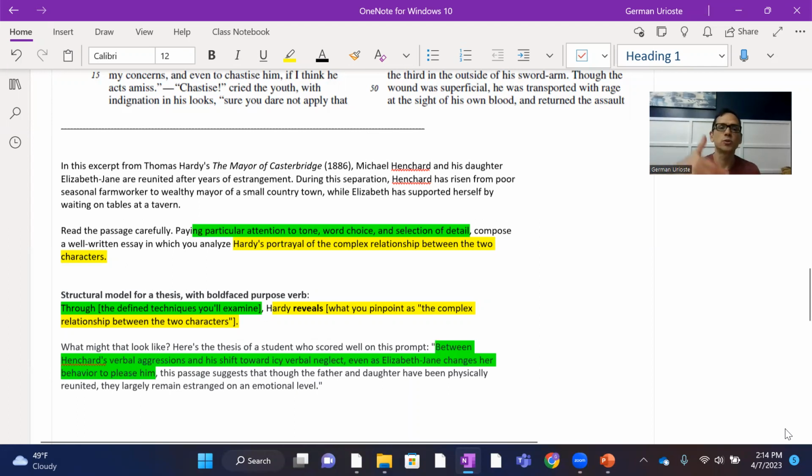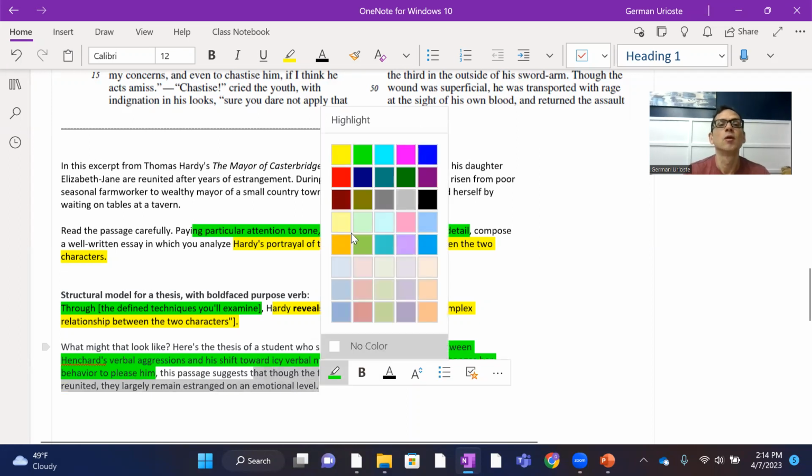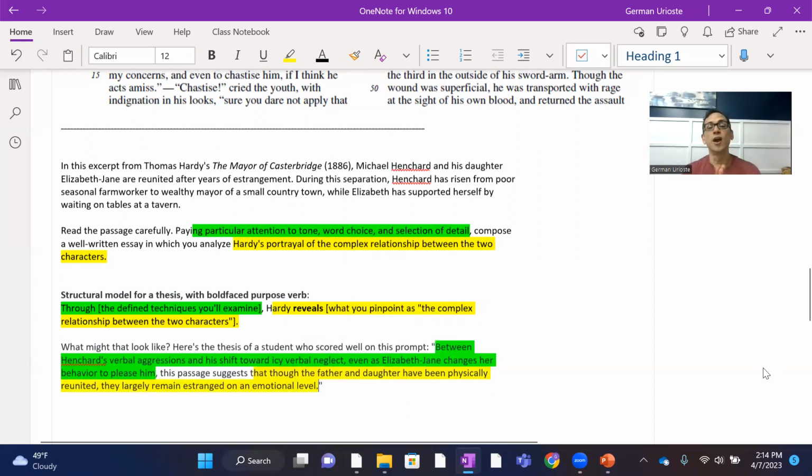Also called devices, also called literary elements, right? So this person's going to look at the verbal aggressions and his shift towards icy verbal neglect, right? In order to prove that the passage suggests this notion, right? Though the father and daughter have been physically reunited, they remain largely estranged on an emotional level.